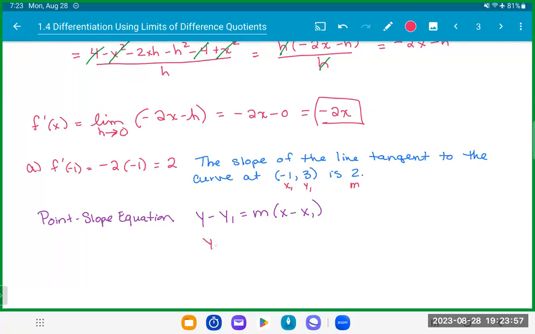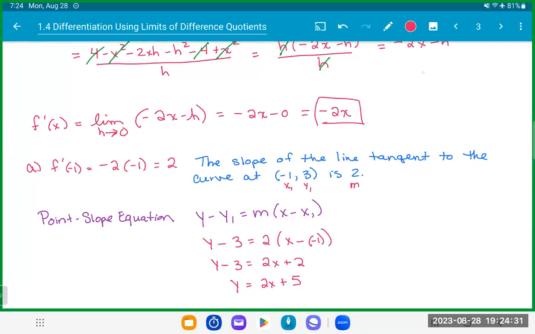So we have y minus y1, which was 3, equals the slope, 2, times x minus my x1, which is -1. We simplify that: y minus 3 equals 2x. This is +1, so this is +2. Add 3 to both sides, and we get y equals 2x plus 5.